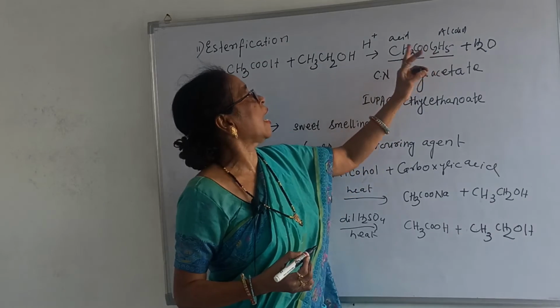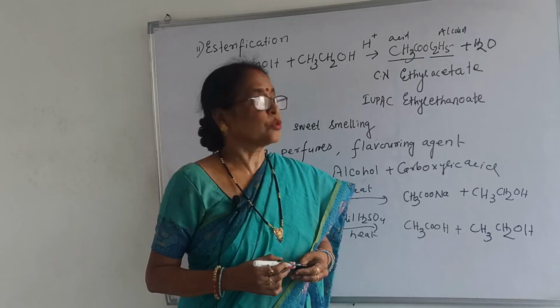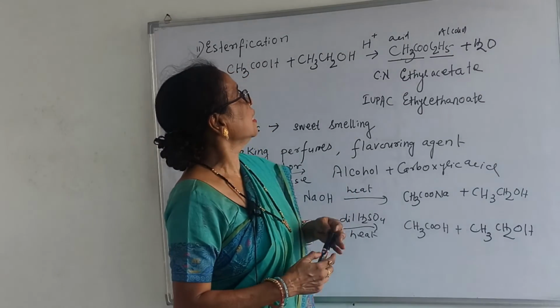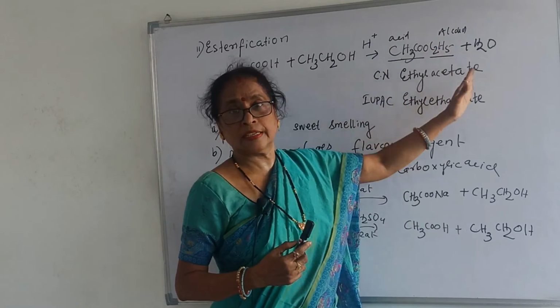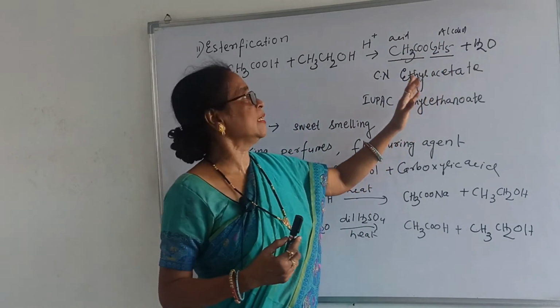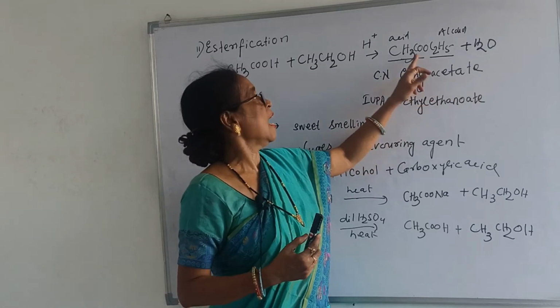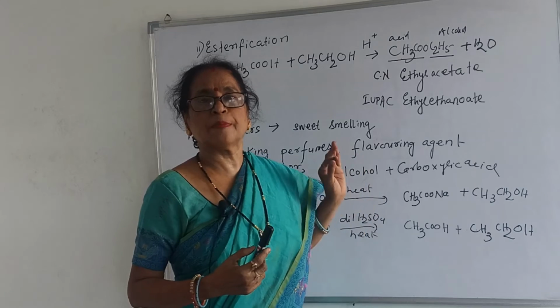IUPAC name? Ethyl ethanoate, because ethanoic acid is the IUPAC name. Again see, for CH3CO series, how can you name it? First the right side, that is ethyl, then the left side, from the acid: acetic acid gives acetate, ethanoic acid gives ethanoate. Remember this IUPAC and common name.